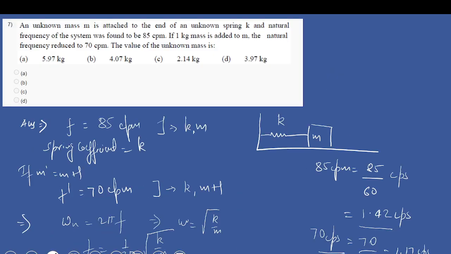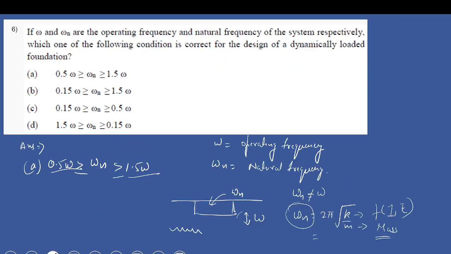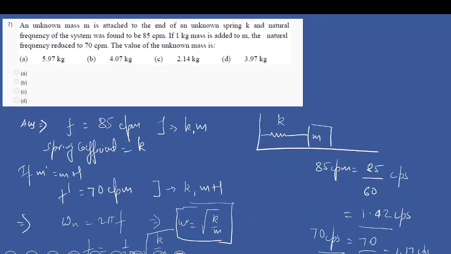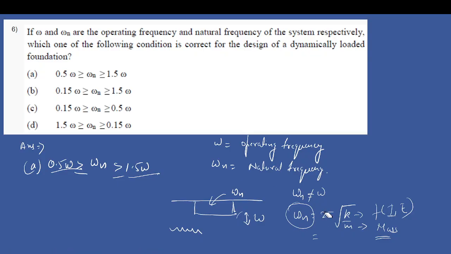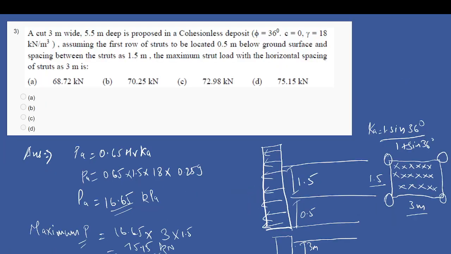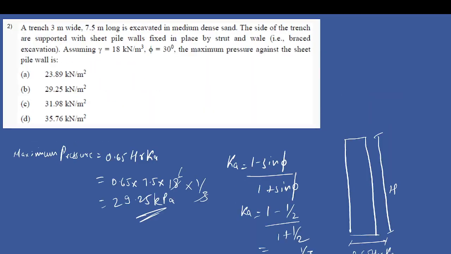So there was one small mistake I made here. Omega n is root over k by m. The mistake was from very previous.